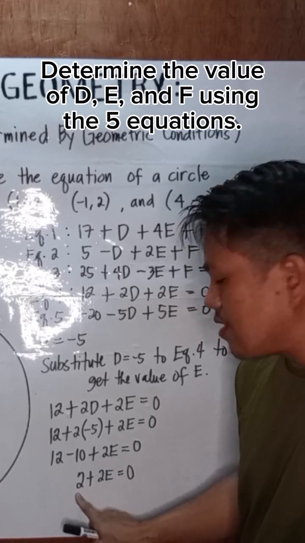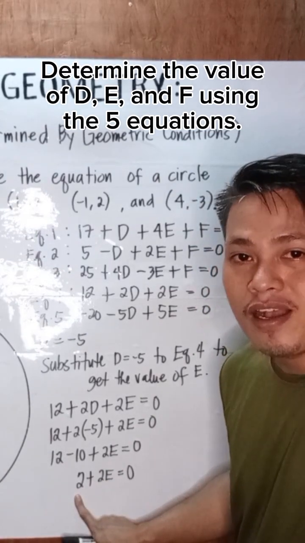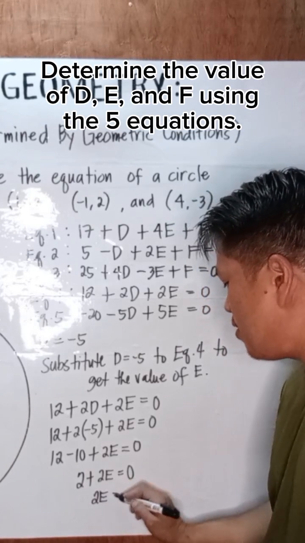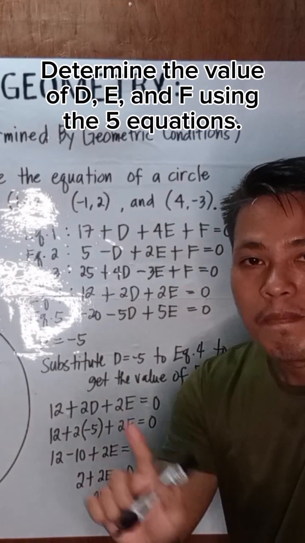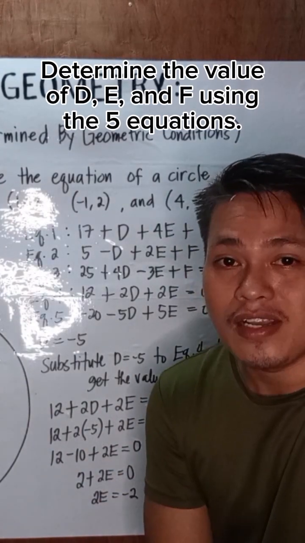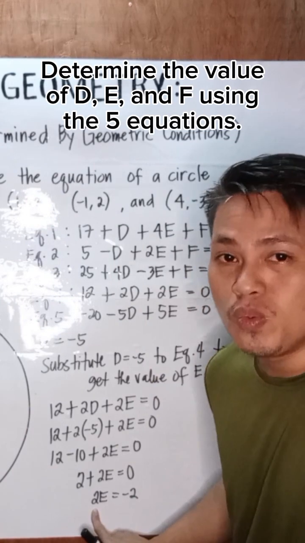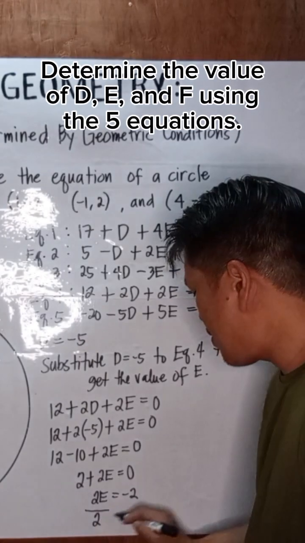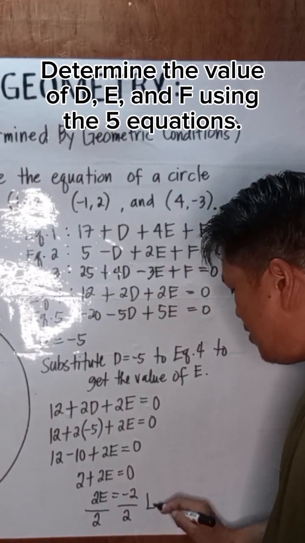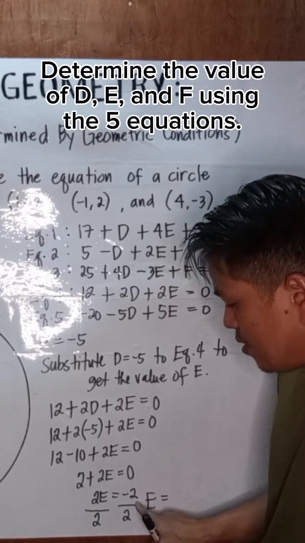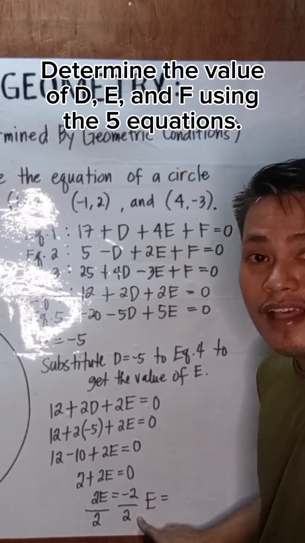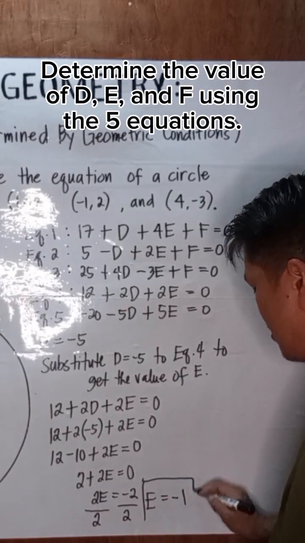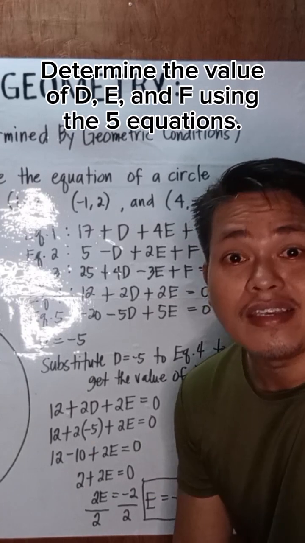Ang gagawin natin ay itatranspose natin yung 2 sa kabilang side ng equation. We have 2e is equal to negative 2. Pero, ang kailangan lang natin ay value ng e. Meron siyang coefficient na 2, kaya divide both sides by 2. We have e is equal to negative 2 divided by 2 is negative 1. Therefore, meron na tayong value ng e.